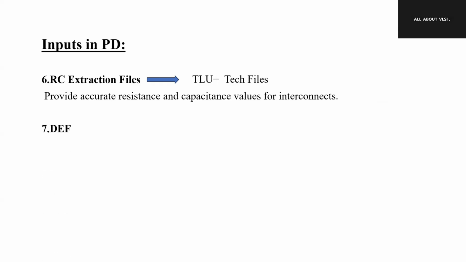And after that, the DEF file, Design Exchange Format. So this file consists of complete information of the tool specific constraints. We have done up to the floor plan stage, and each stage is worked on by different people. The first one is working on floor planning and another one is working on the placement stage.